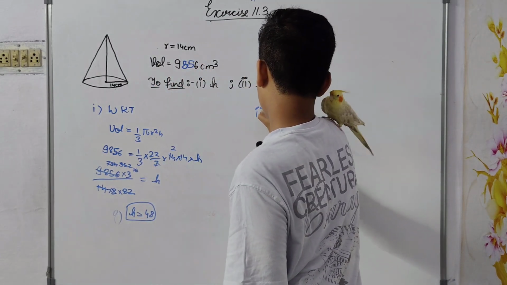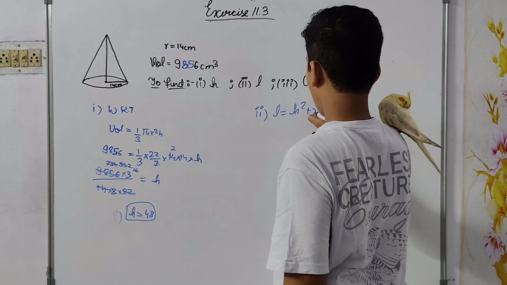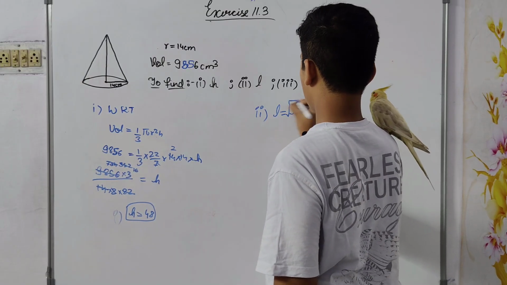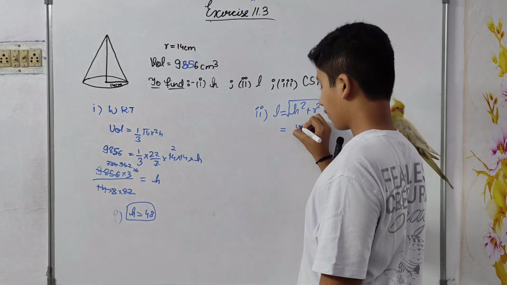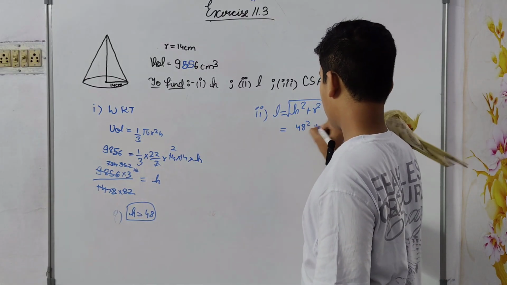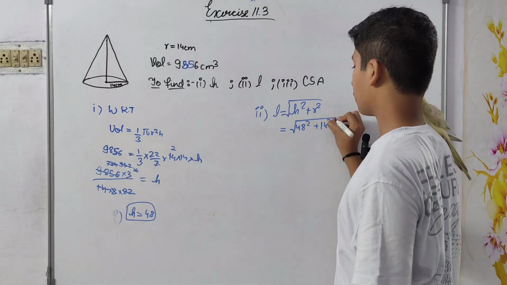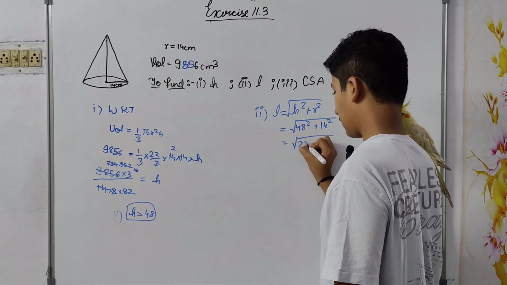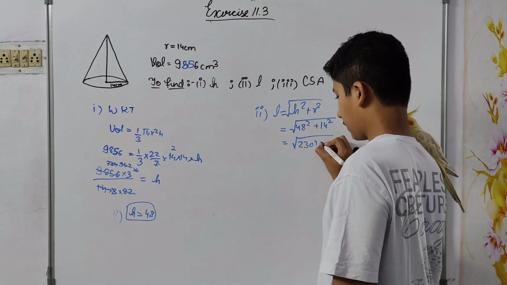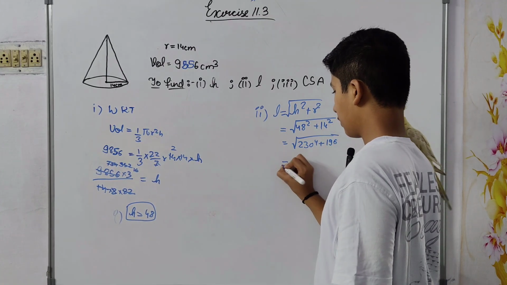Now second one we'll do L equals to h square plus r square whole under root. Height we have just found out, it is 48 square plus 14 square. Radius is 14 under root. This would be 2304. 14 square would be 196. Okay.